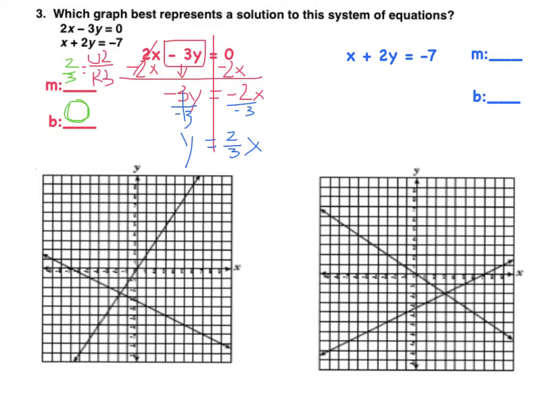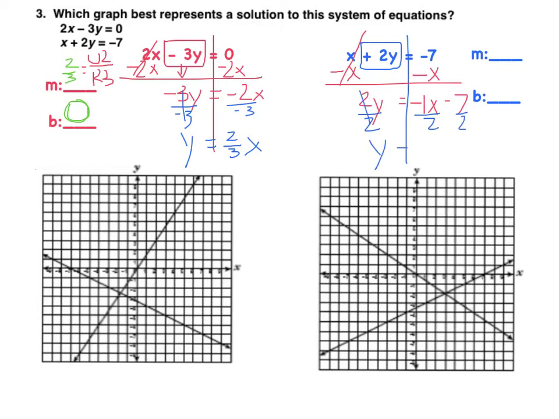Now let's solve the second equation. Same exact concept, box around my variable. We cancel a positive x by subtracting x to both sides. We end up canceling what's beside our box. We get 2y equals negative 1x minus 7. Last step, divide everything by 2.